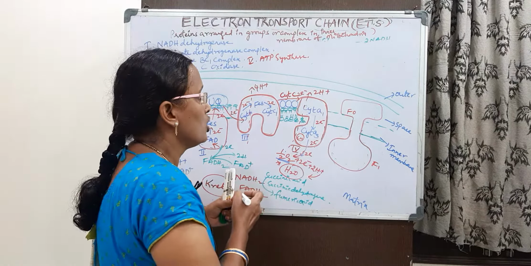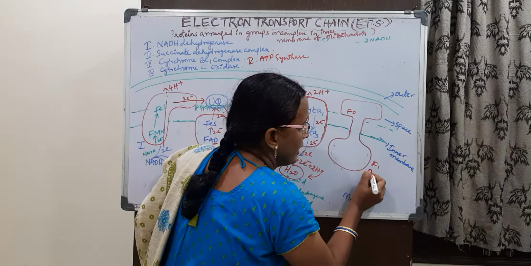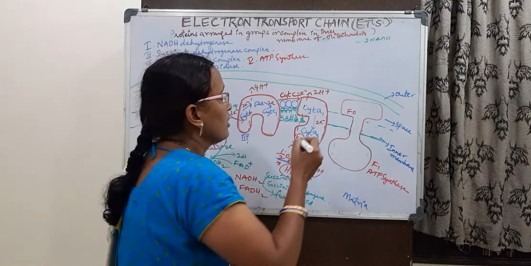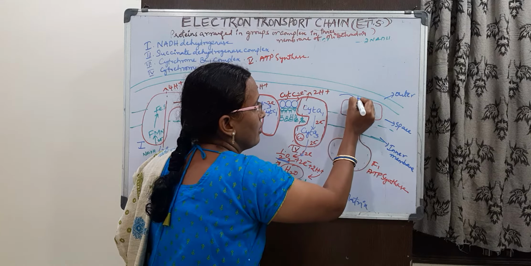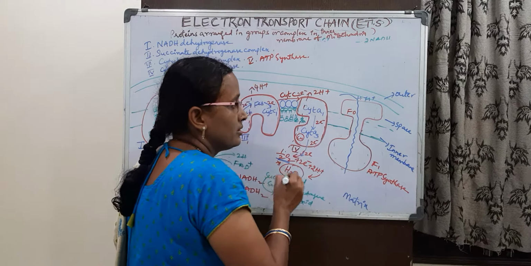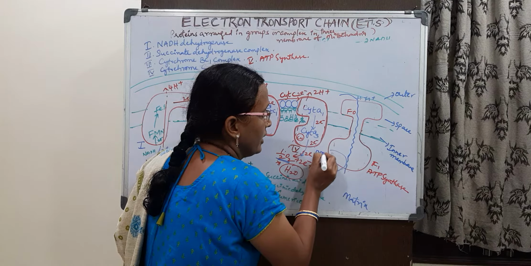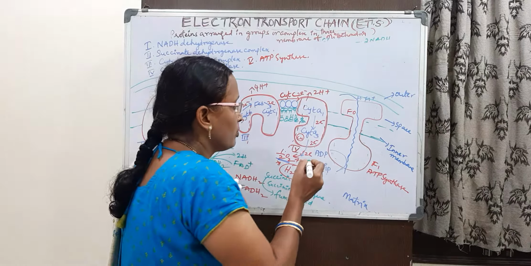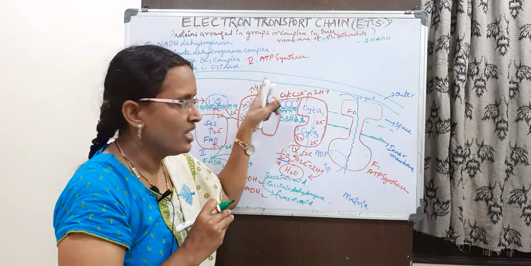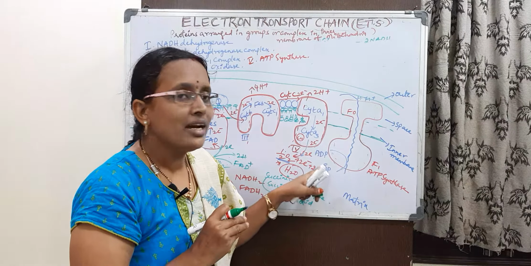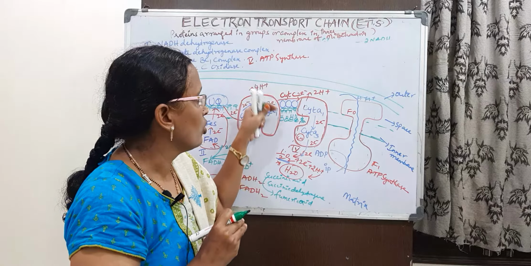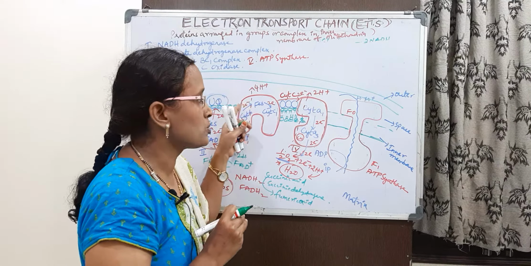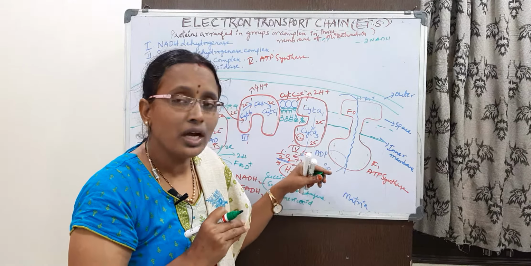F1 acts as the ATP synthase. When protons come through this channel, they release energy, and by utilizing that energy, ADP is combined to synthesize ATP. Why are they coming? Because of diffusion: the protons accumulated in the inner membrane space try to come back into the matrix, since the proton gradient is more there.